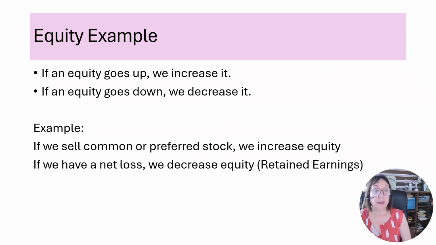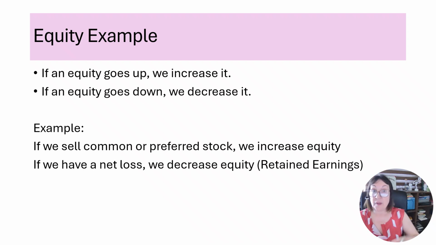Equity. If we sell common stock to our shareholders. So usually we sell common stock in order to get cash. So we're selling ownership of our company for cash. Now to do that, if we sell that common stock, we increase the common stock number and we increase the cash.